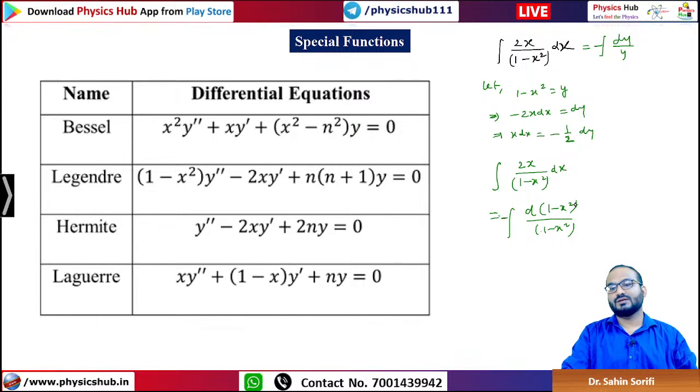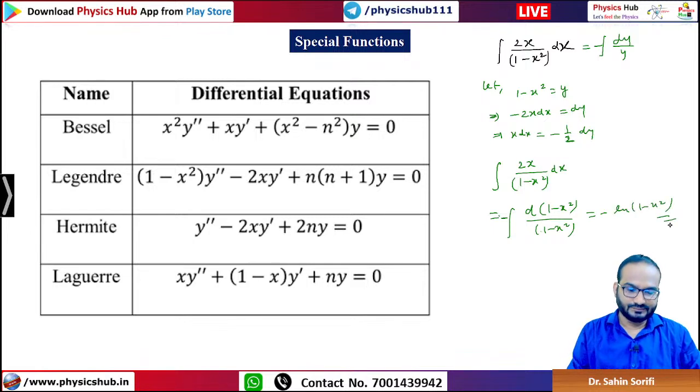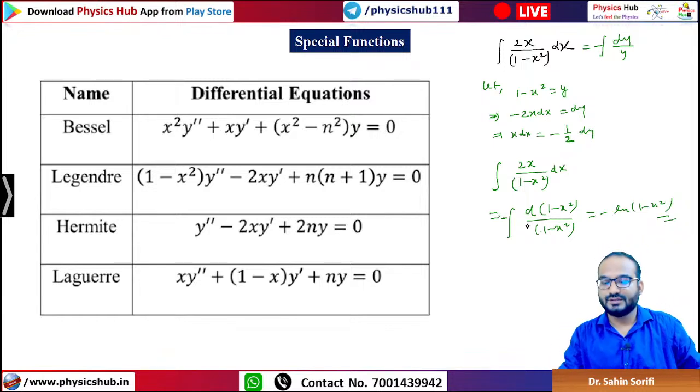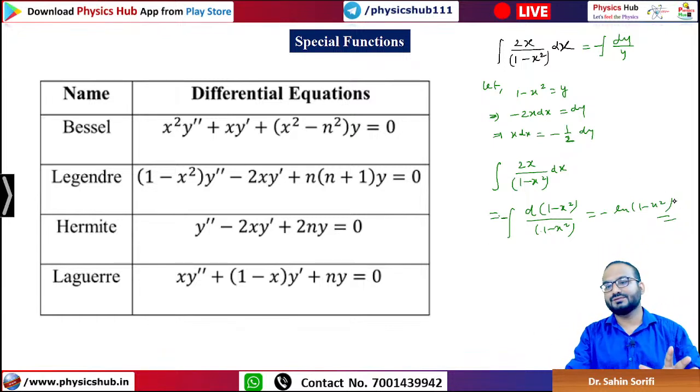Now you imagine 1 minus x square as a variable, so it is of the type dz by z, giving minus ln of 1 minus x square. Understood? So if you can do it fast, then you can use this technique, otherwise you will do the conventional technique.